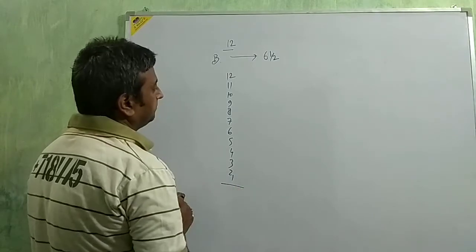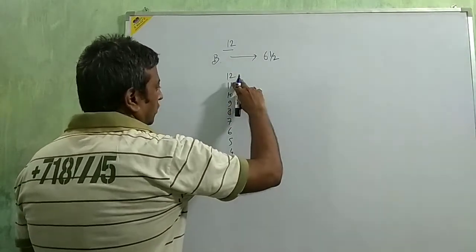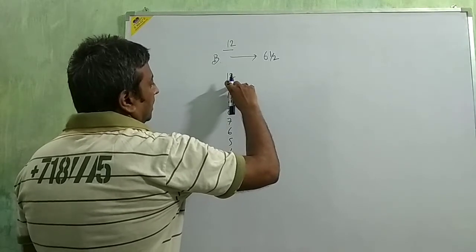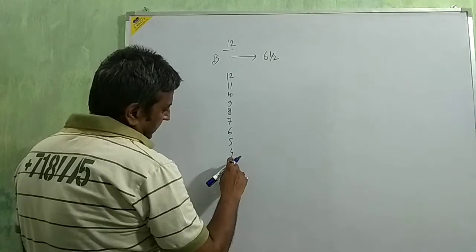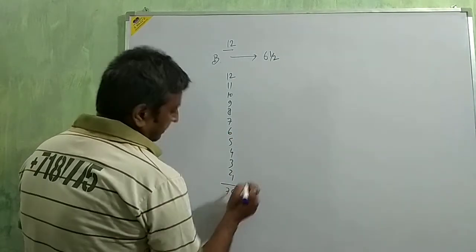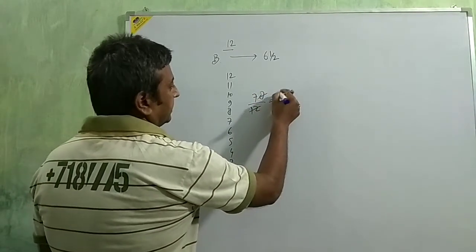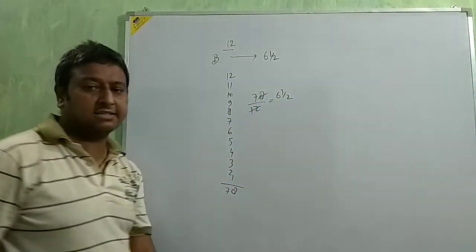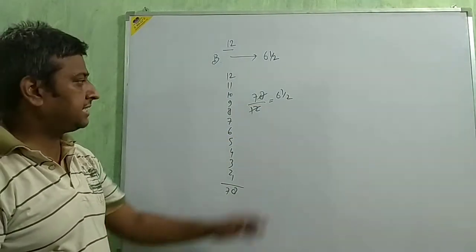Add all this. 12, 8, 20, 40, 50, 60, 70 and 78. 78 is the total and divide by 12, 6.5. On this basis, we are going to calculate 6.5. This is the average month.